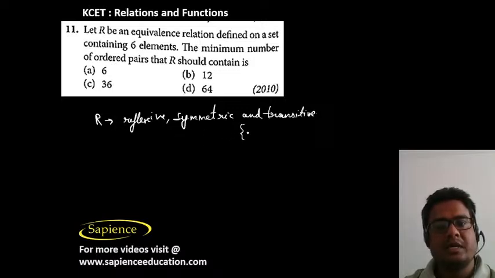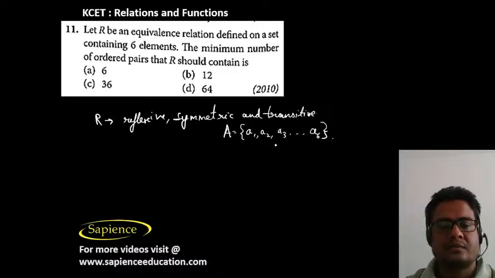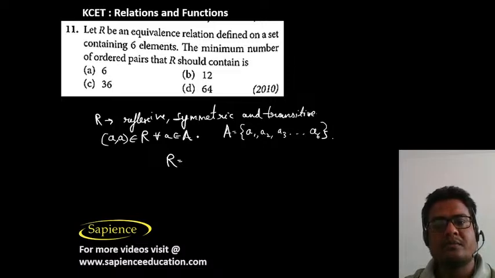So 6 elements. Let A be the set. It contains A1, A2, A3 till A6. So R is an equivalence relation. So R should contain (a, a) belonging to the relation R for all a belongs to A. Then it will be reflexive.